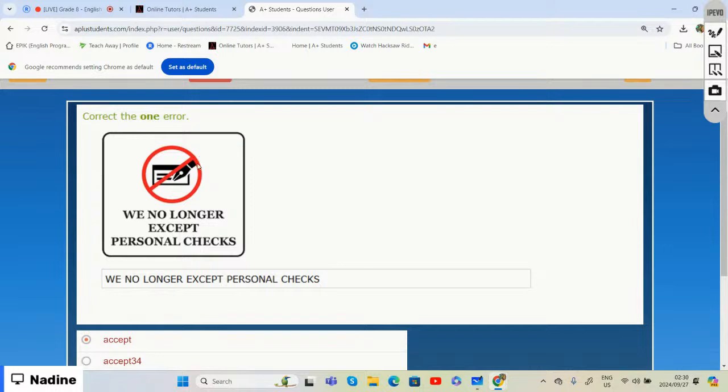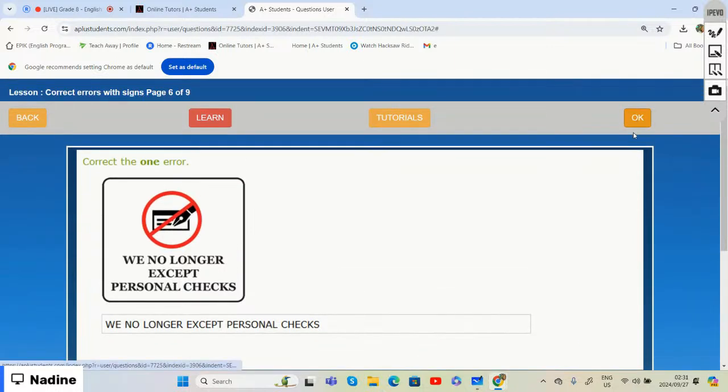So now they say we no longer accept, meaning they don't take personal checks anymore. Well done.